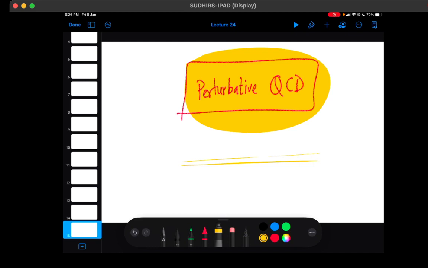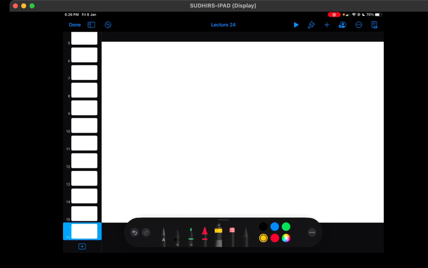Perturbative QCD goes deep inside the hadron or the meson.